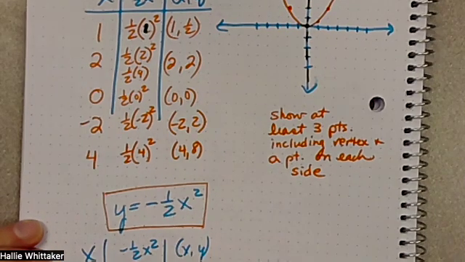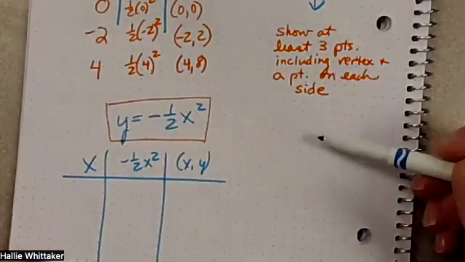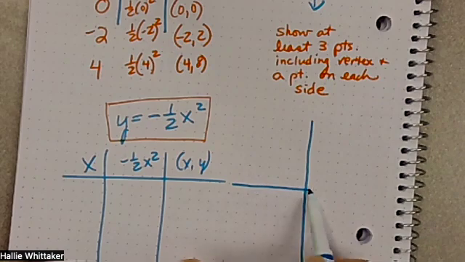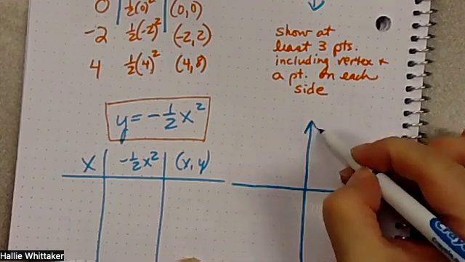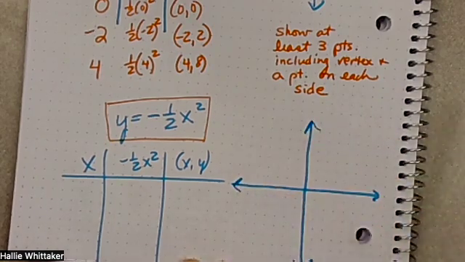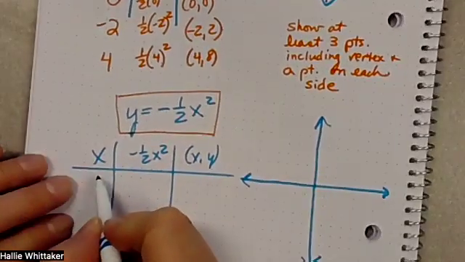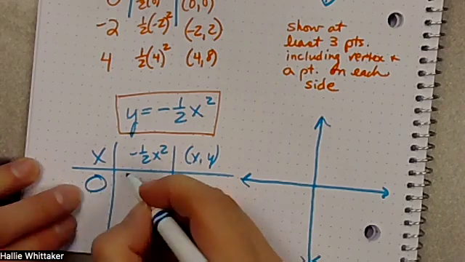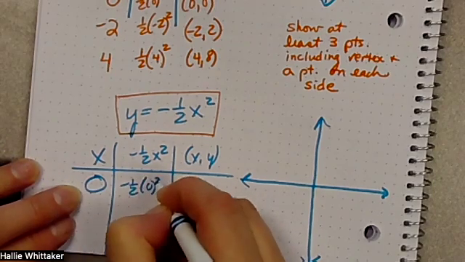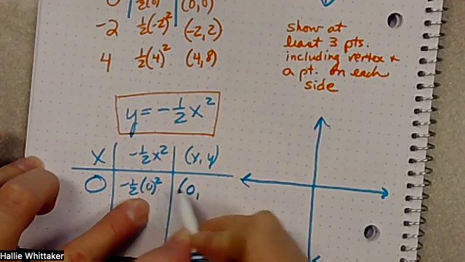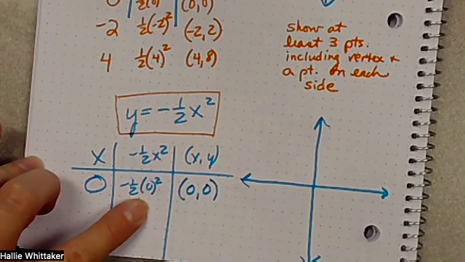We can truck through this now because y'all are warmed up. Okay, real quick, what do you want to start with for x? 0. Yay, 0. -1/2 times 0 squared gives us 0. So x is 0, that gives us y is 0. So there's your first one.